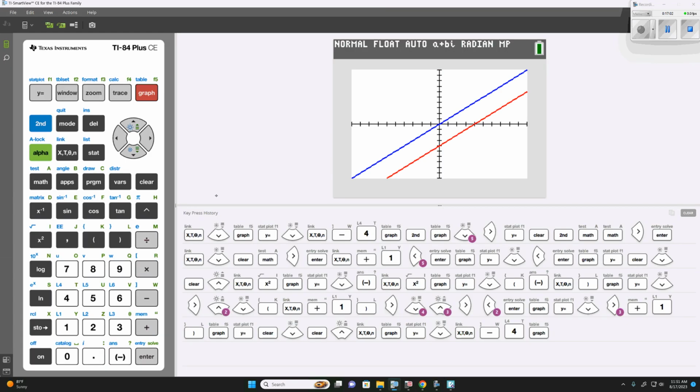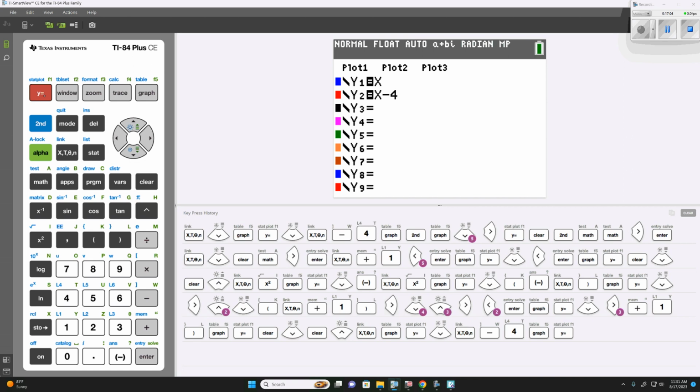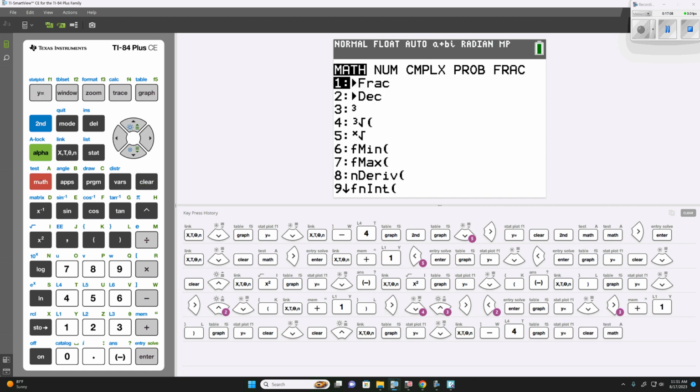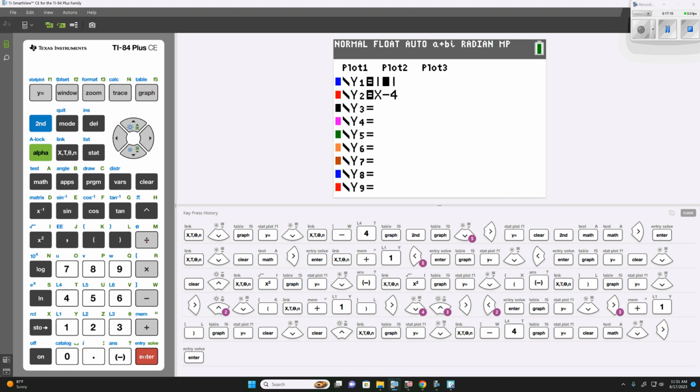And we can do this also in the graphing calculator, see what the graph looks like. Yes. So we can do absolute value. We'll clear this one out, say math. Absolute value of x plus 1.